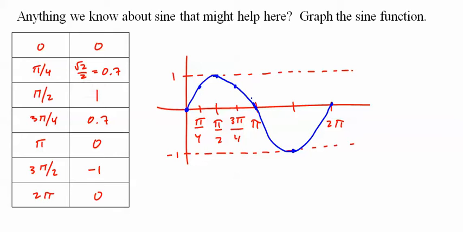It represents an astonishing number of real-world applications. Swing. You're on a swing. You swing from one side to the other and back. You're basically doing a sine curve. Maximum distance to minimum distance to maximum distance to minimum.